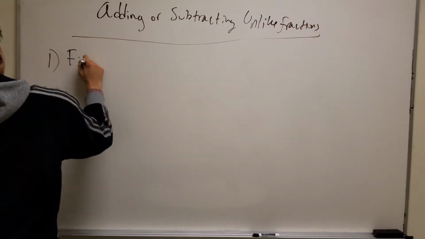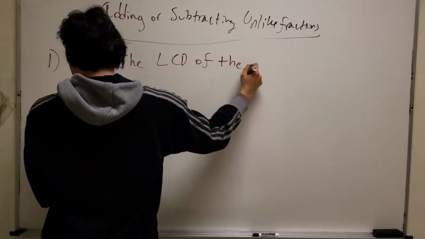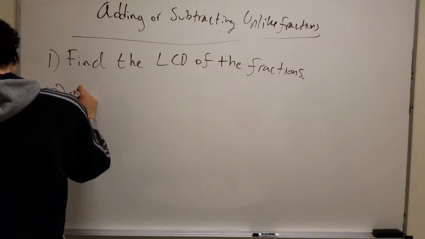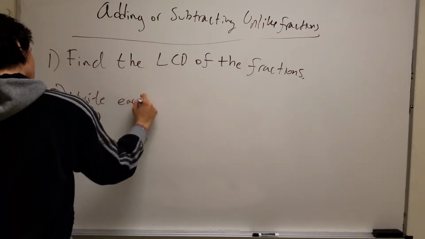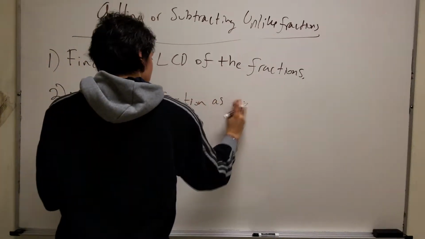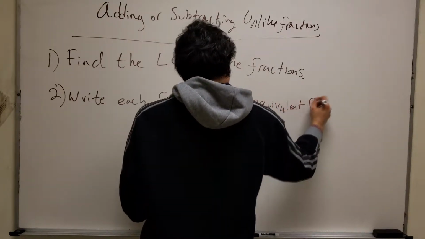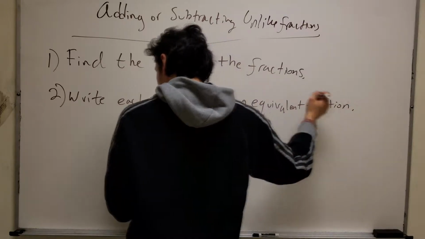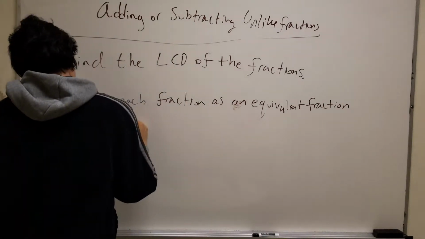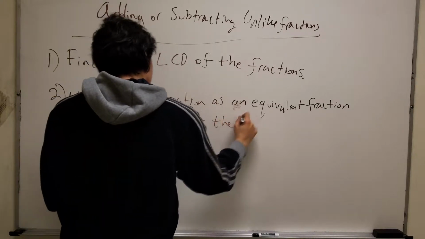So first step is you have to find the LCD of the fractions. The second step, write each fraction as an equivalent fraction whose denominator is the LCD.